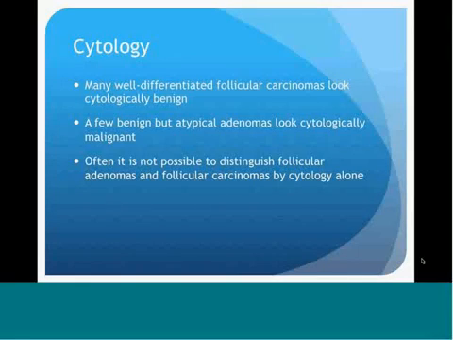It's useful to look at not only the size of the nodule, but the echo quality of the nodule, the presence of certain ultrasound features which may make you think benign versus malignant. So putting all of those things together is a way of arriving at a better diagnosis and deciding what you're going to do once you have that diagnosis.